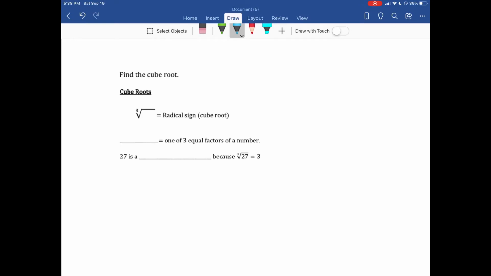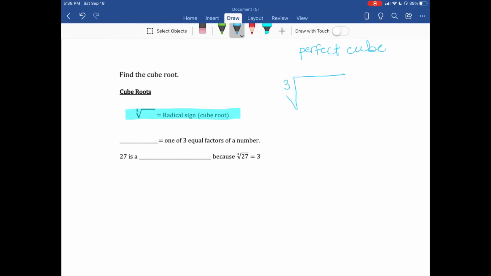Well, we also have perfect cubes, which then connects to our next and last piece, and that is cube roots. So let's first talk about our cube root notation, and you'll see it right here.